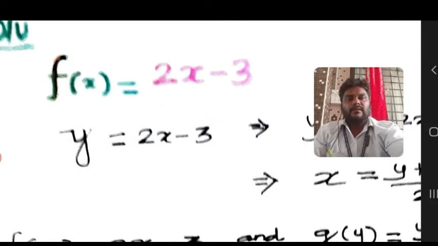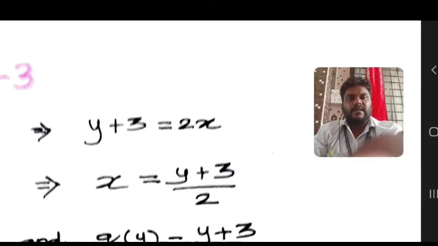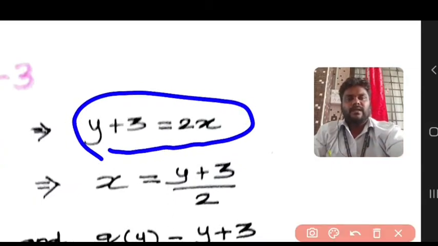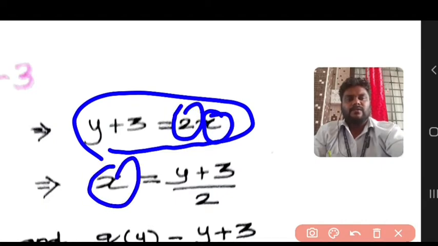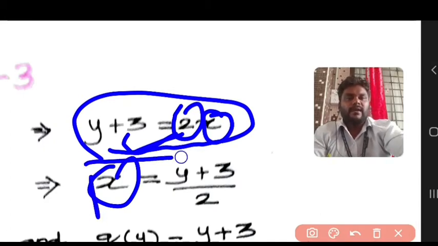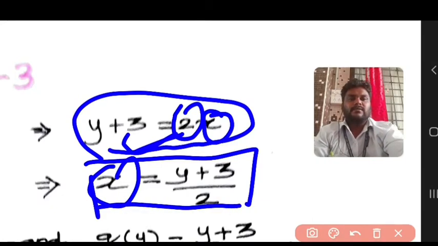Next we transpose 3 to this side, it becomes plus 3, then the equation becomes y plus 3 equal to 2x. We need x only, so we keep x this side, transpose the 2 to that side, it becomes divide, so that the equation becomes y plus 3 by 2. So this is the value of x.